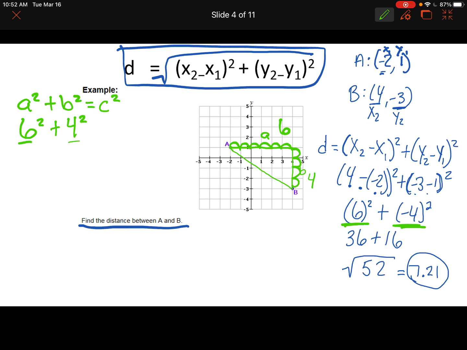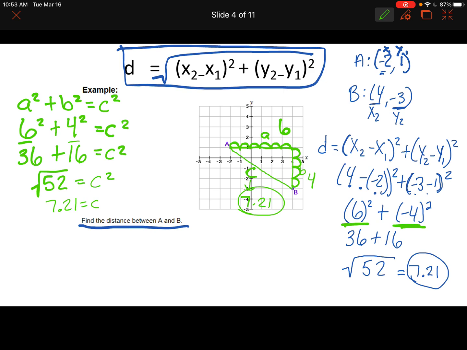So 6 squared is 36, 4 squared is 16, add them together, you get 52, take the square root. The square root of 52 we already know is 7.21, so the diagonal here, C, is 7.21. Okay, I'm going to keep working with the distance formula, but I did want to show you in relation to the Pythagorean theorem how they are alike.